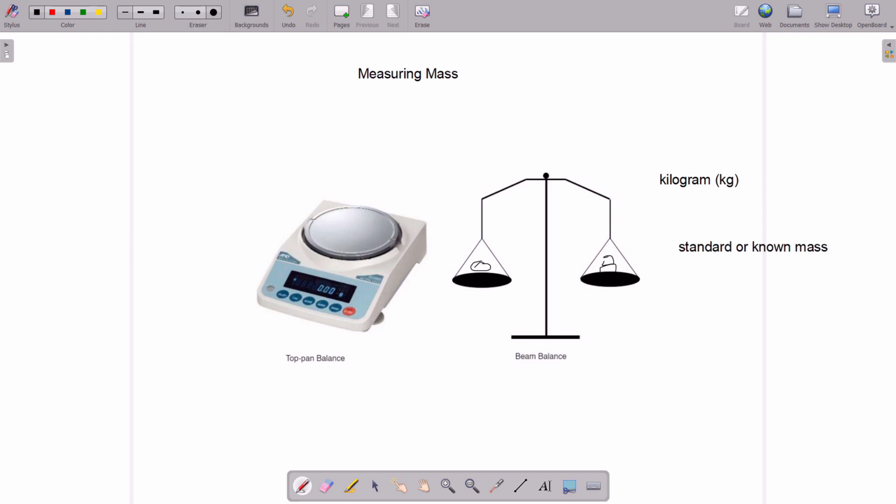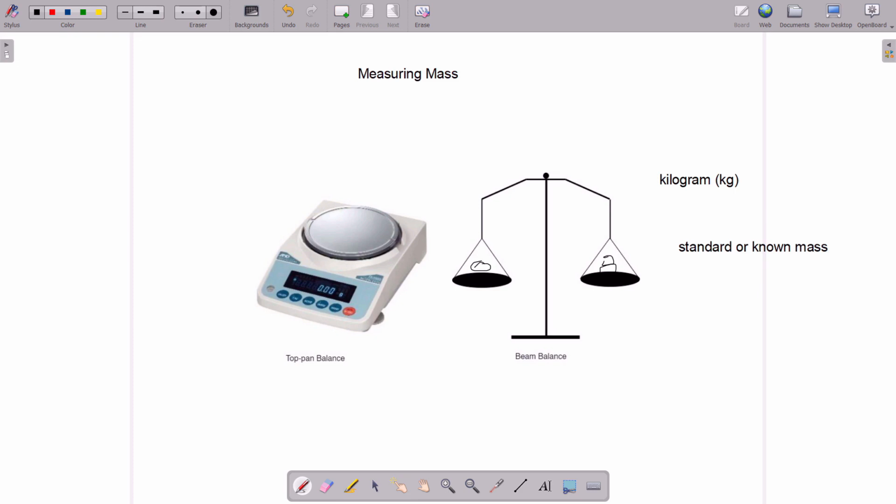When the two level up, what that will mean is that the sum of the masses on the right will be equal to the mass that is unknown. And so to find the mass of the unknown object, we add all the standard known masses on the right. The sum of those will give us the mass of the unknown object.